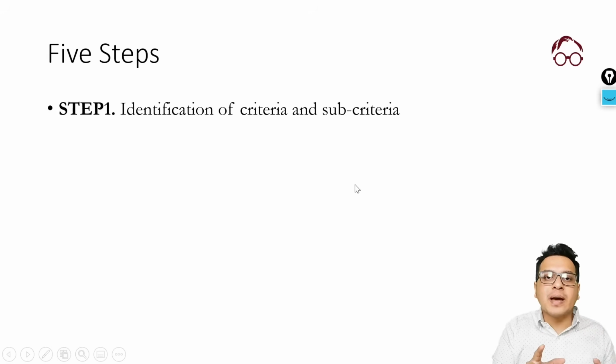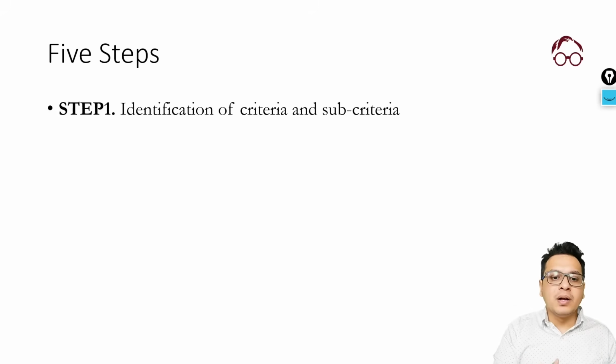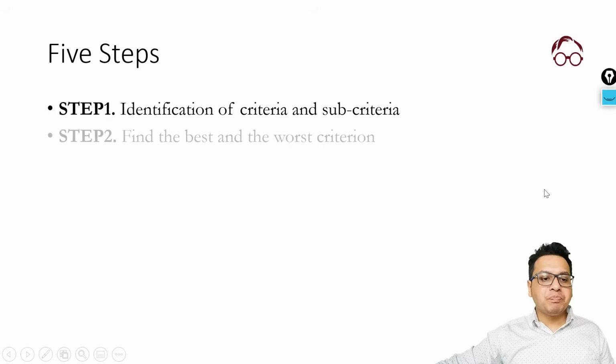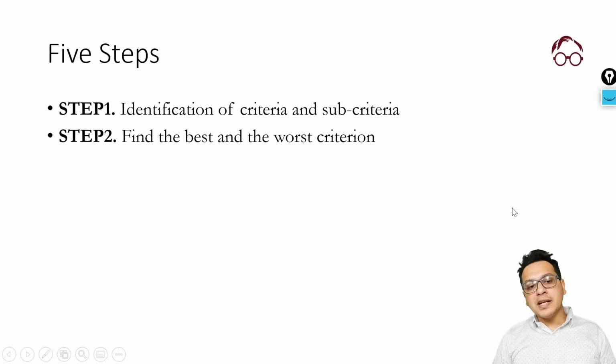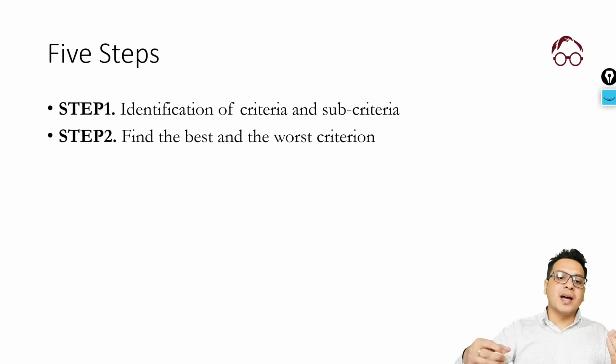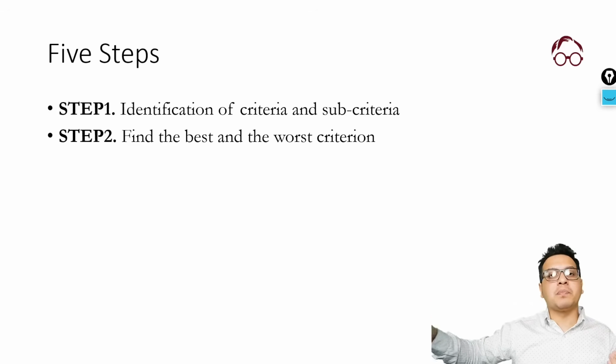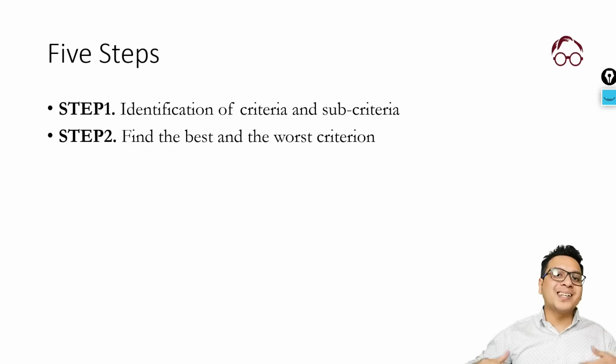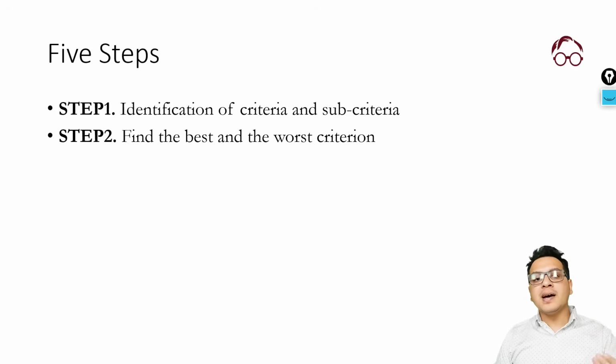So this figure we have made, where do these criteria and sub-criteria come from? You have to identify them, right? And then when you identify them, normally one of the steps is to determine the best criterion and the worst criterion for each of the parts. So you have to ask the interviewee this question, and we have covered it in the examples, right?